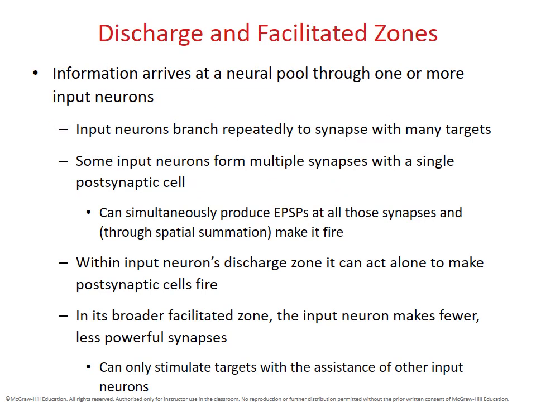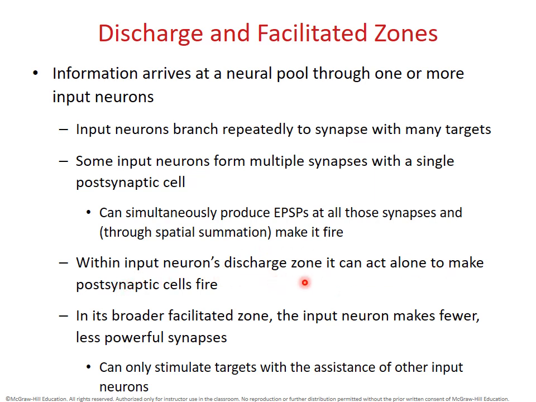Now, neurons can have what are called discharge zones and facilitated zones. A discharge zone is anything that a neuron can by itself activate. So a neuron's discharge zone is whatever it can activate all by itself.